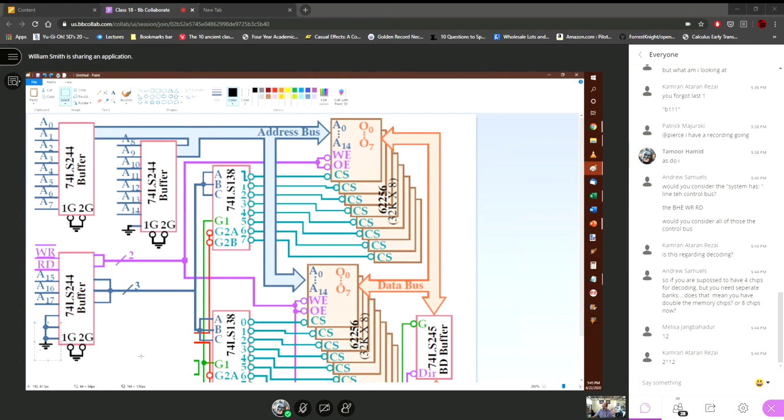Actually, you know what? Let's see, I got the 1G as well. So we'll do it this way. We'll do exactly the same way they've got it there. So this is the same sort of thing we're going to need here. And I'm going to put it there. All right. So we're only going to need 12 bits to do that.